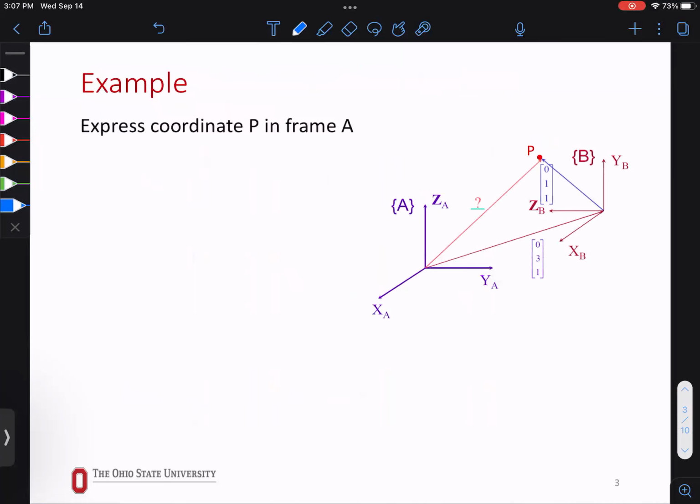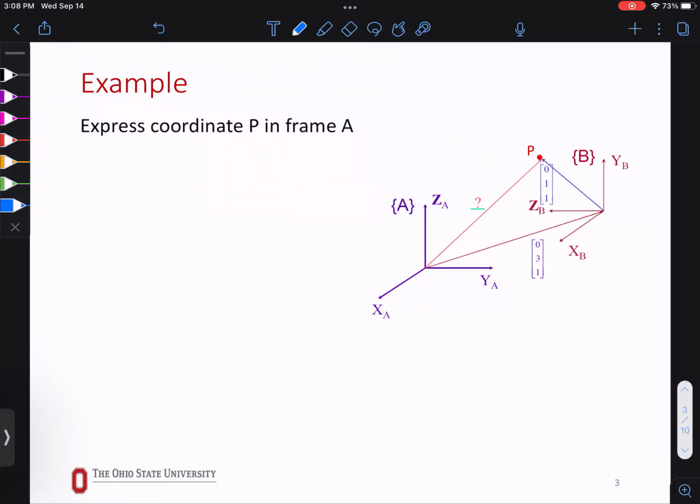If we go back to this example, I'm going to try to explain that T_AB thing one more time, so hopefully everyone understands. We wanted to express coordinate P in frame A. Now, this is our frame A. We know how point P is expressed in frame B, 0, 1, 1.